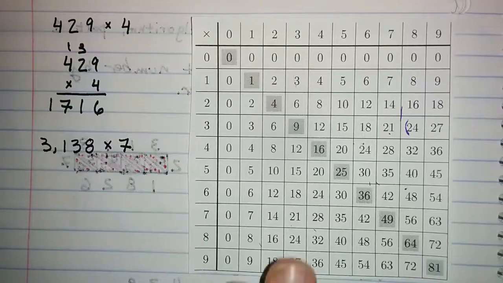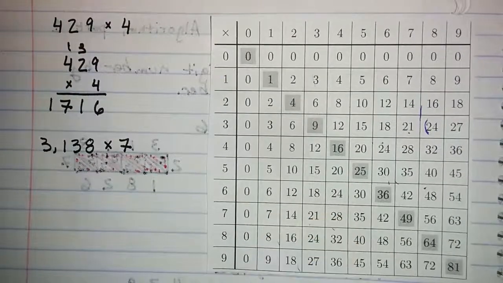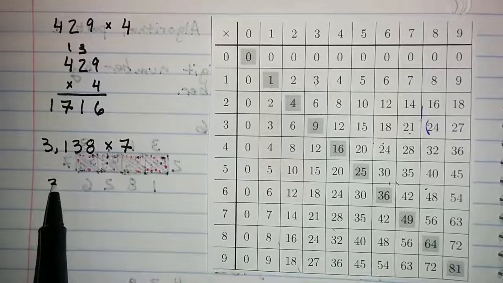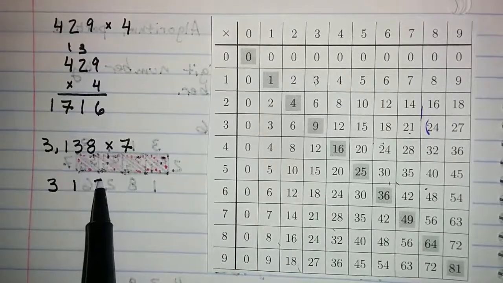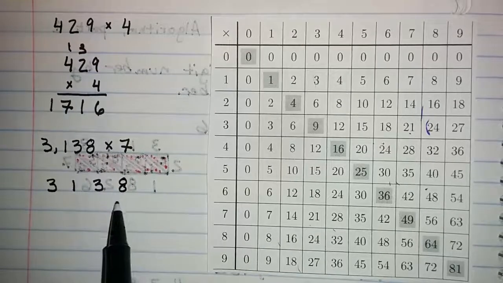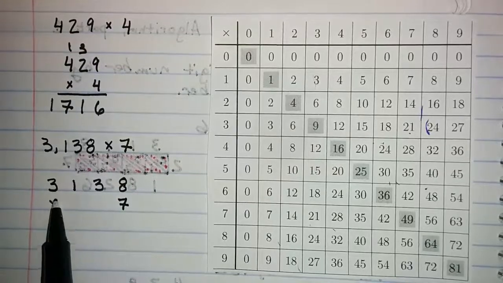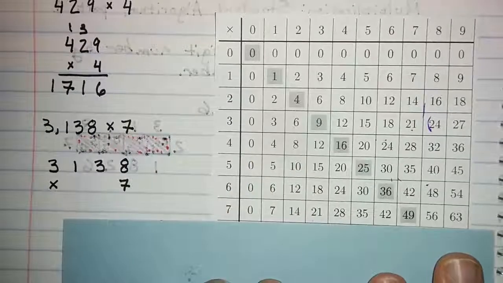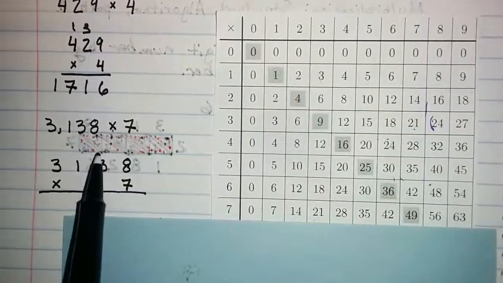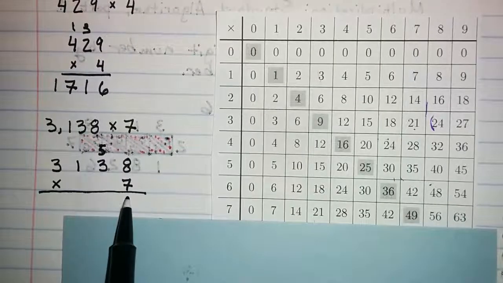Okay, what do we have? We have 3,138 times 7. I'm going to put the ruler over the sevens row. 7 times 8 is 56.